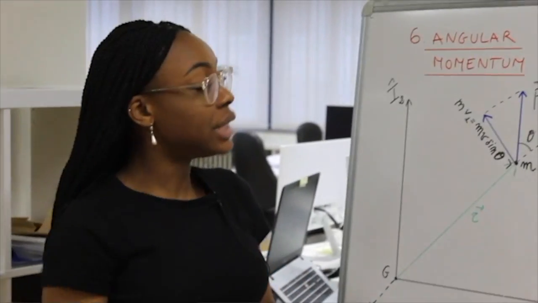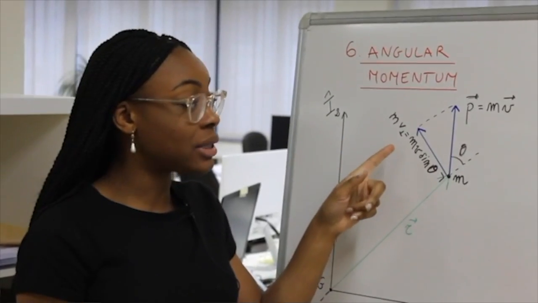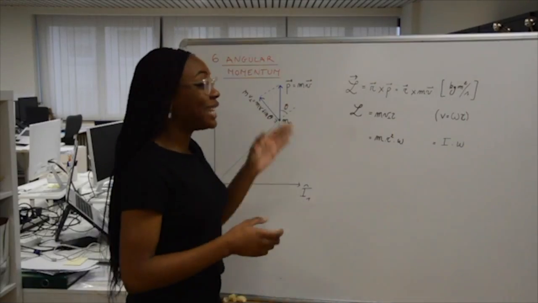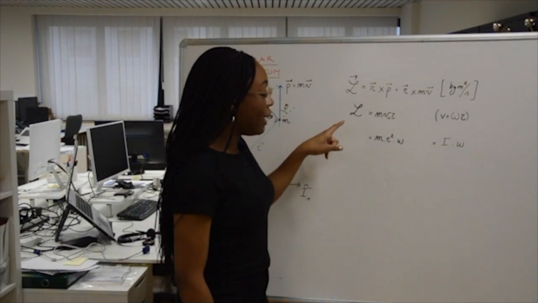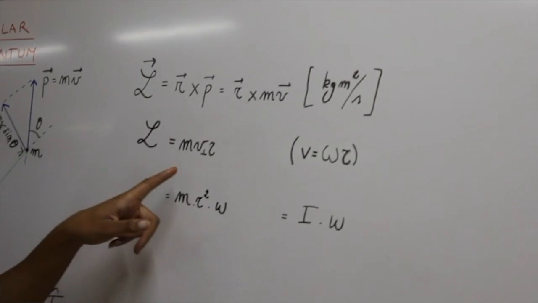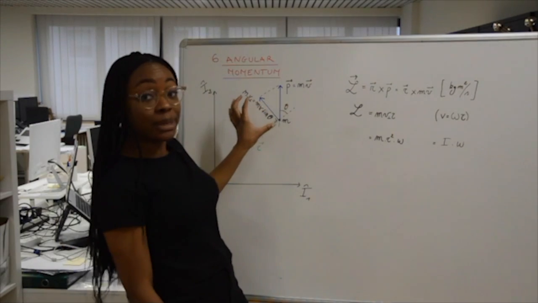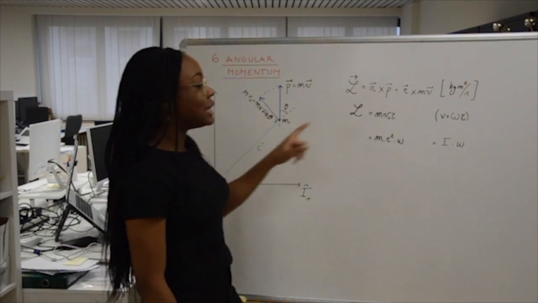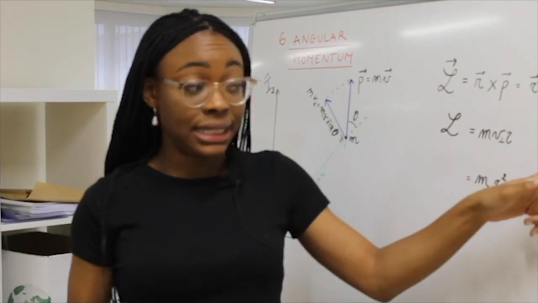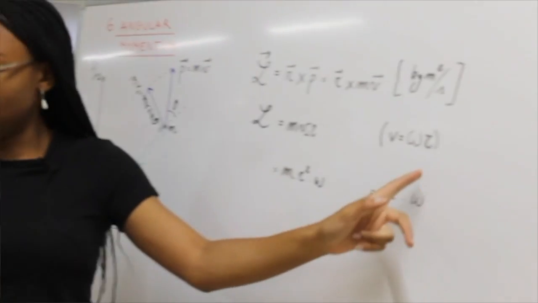And this component equals the mass times the velocity times the sine of this angle. If we go back to the angular momentum, to calculate the magnitude, we have the mass times the velocity, but only the component that is perpendicular to the lever arm, times the lever arm. We know that we can relate the velocity and the angular velocity with this equation.